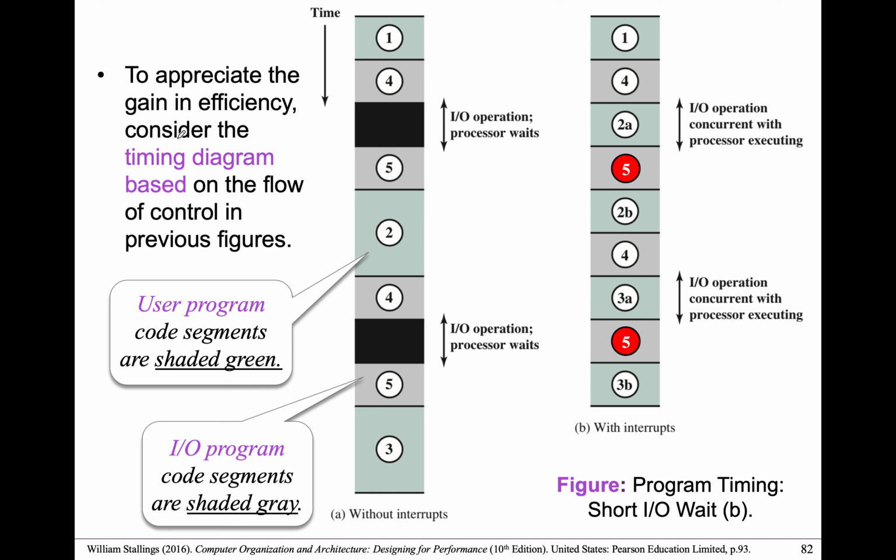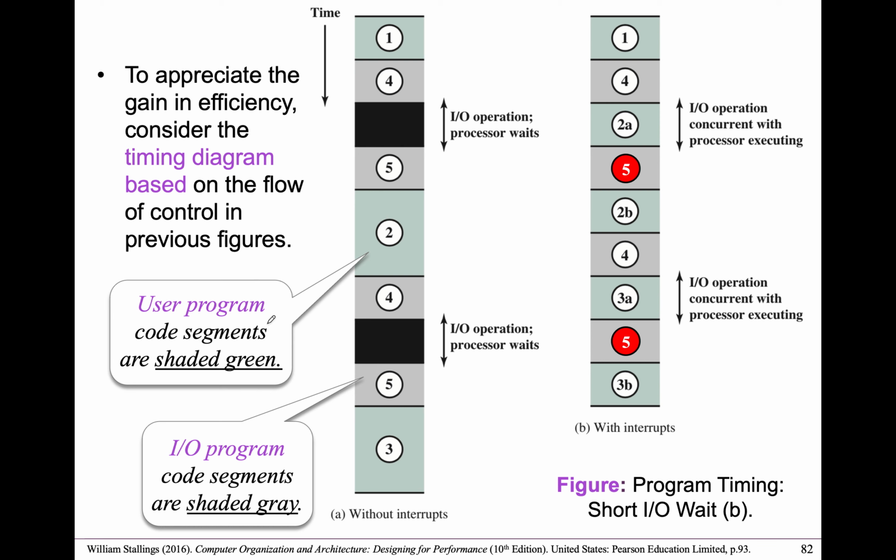To appreciate the gain in efficiency, consider the timing diagram based on the flow of control in the previous figures. So you're going to see the flow depending on your previous figure over here.